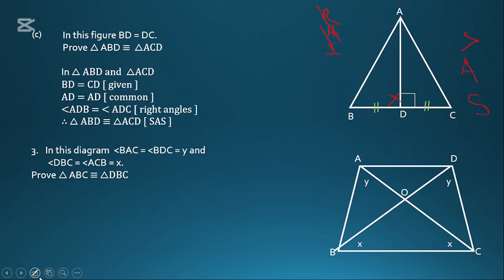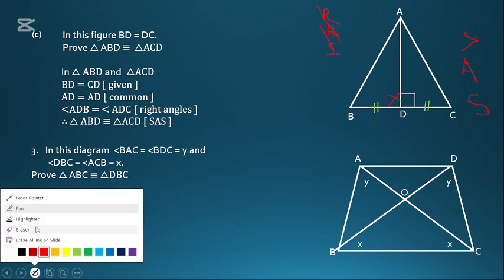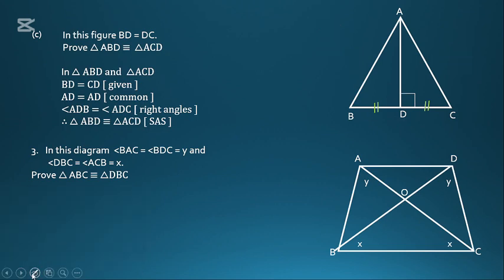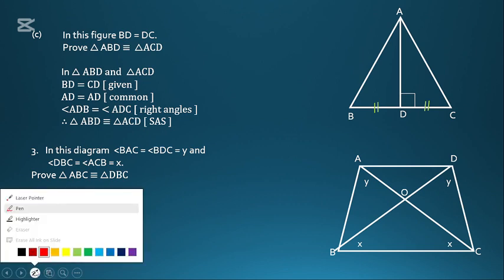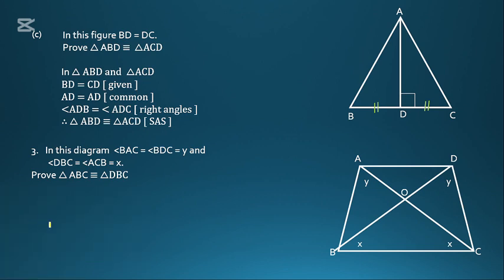Okay, let me just get my highlighter before I start. Now in this diagram, angle BAC is equal to angle BDC.